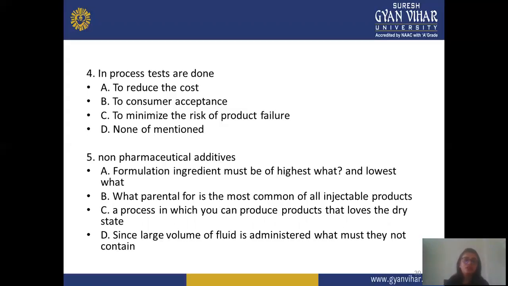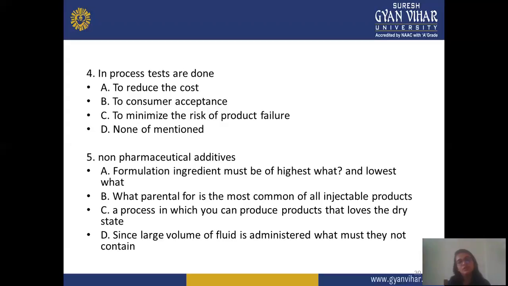And the fifth question is on non-pharmaceutical additives. The formulation ingredient must be highest in what and lowest in what. In this, you select A, B, C, D. What is a non-pharmaceutical additive? Option A: the pharmaceutical ingredient must have highest what and lowest what.